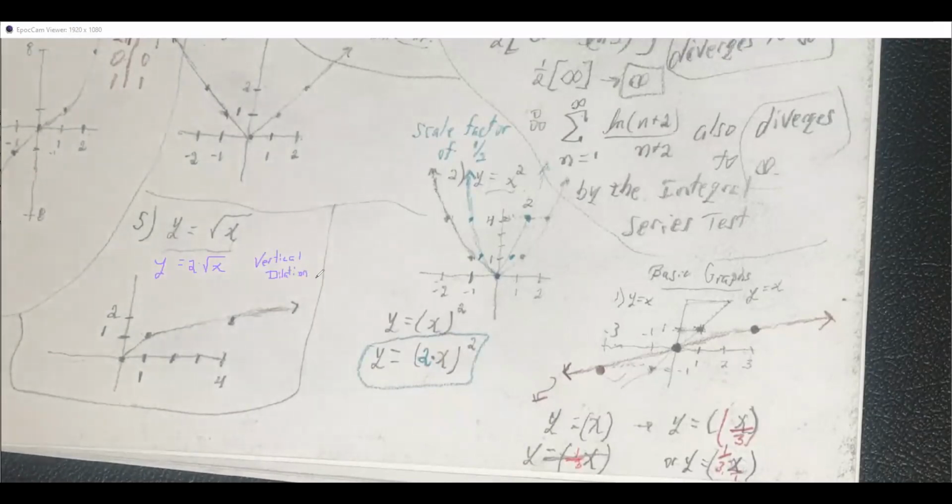You could pick other ones, but here are the key points.